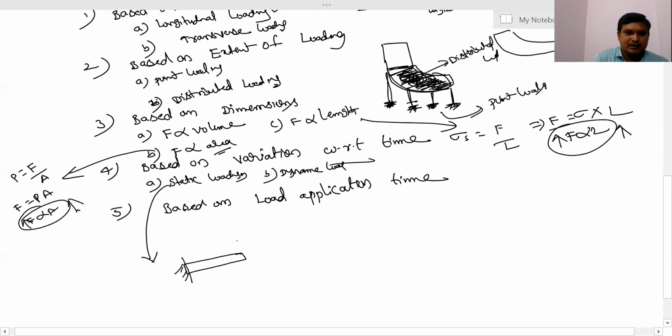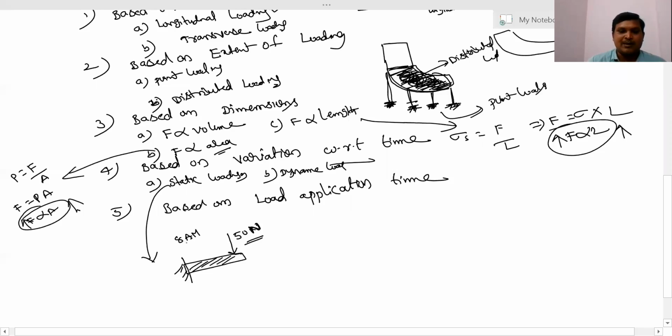Okay. So I'm applying a force of 50 Newtons. A 50 Newton force is applied at 8 a.m. on this constrained member.